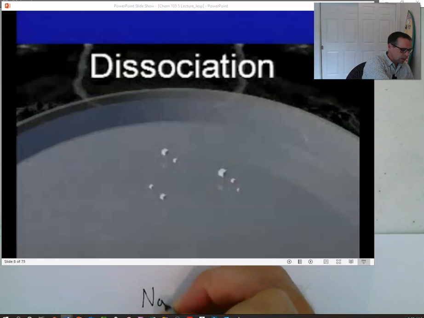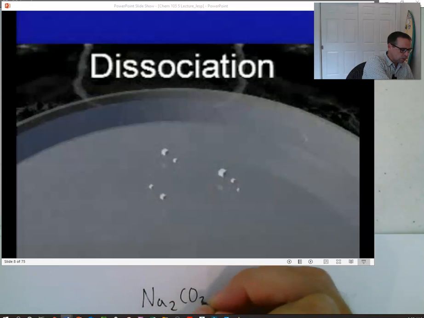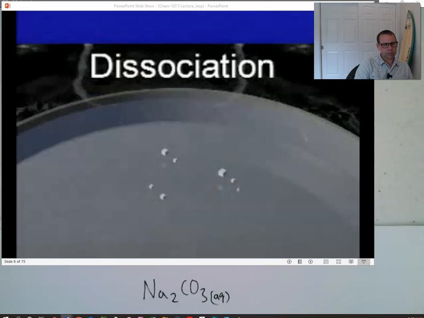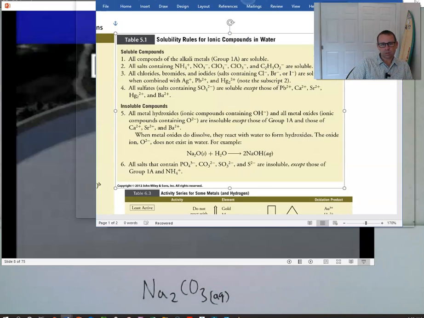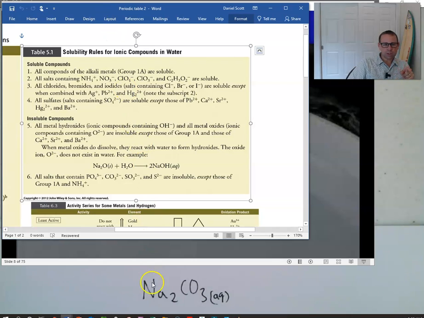Dissociation is important because if I write Na2CO3 (aq), that AQ tells me that it's dissolved in water, and my understanding of the solubility rules helps me realize that anything that contains sodium is an aqueous compound.